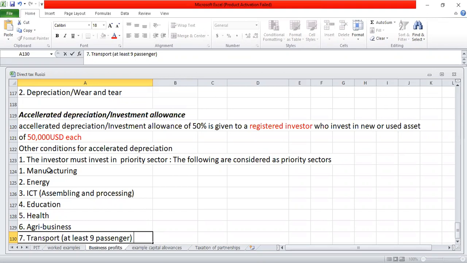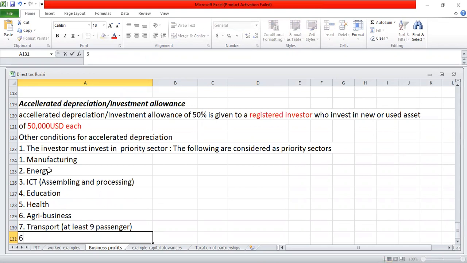Below 90 passengers, it may not be considered. Tourism, the condition is that must invest at least 1.8 million US dollar. In that case, that one is going to be considered.